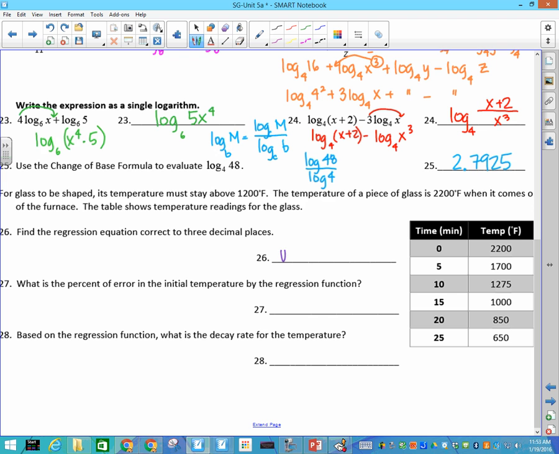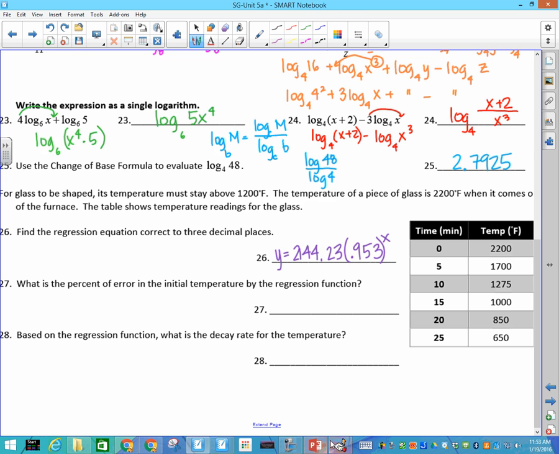You're going to write y equals 2144.23, and I'm running out of room. Hold on, let's try that one more time. Y equals 2144.23, and then it said 0.953 to the x.